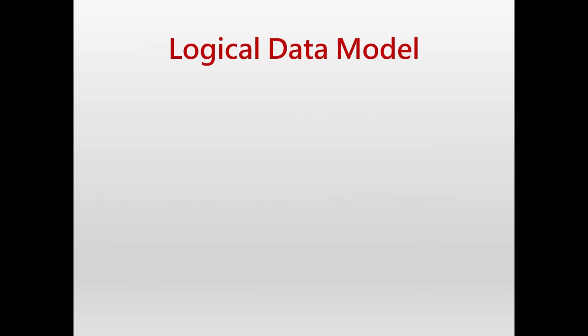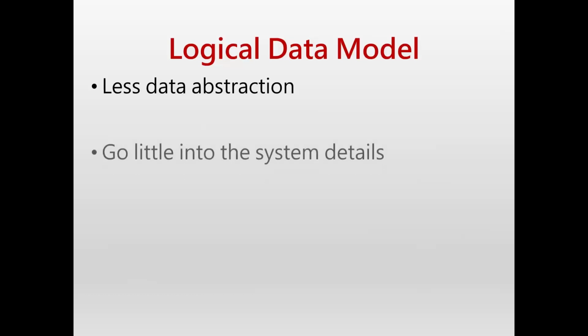After the conceptual data model comes the logical data model. And here we start to go further into the details of the data to understand more about the details. So this step has less data abstraction and more details.